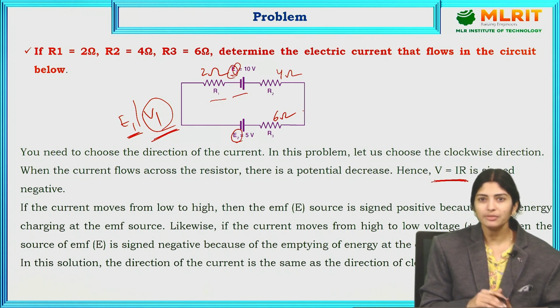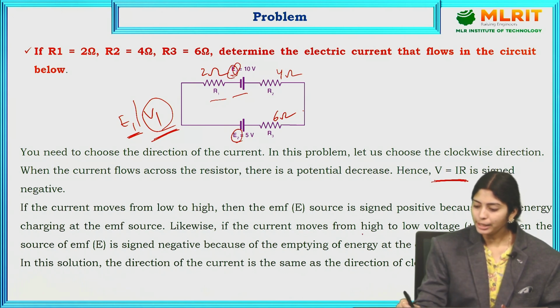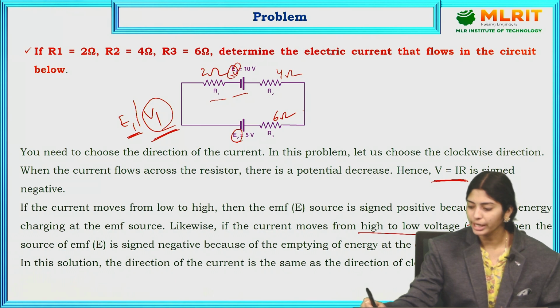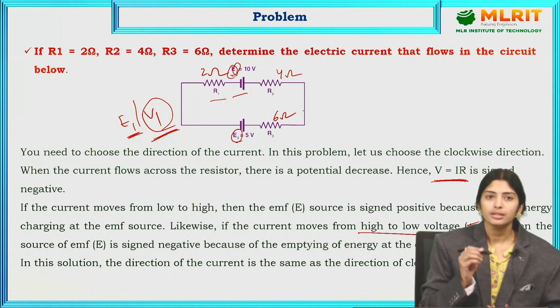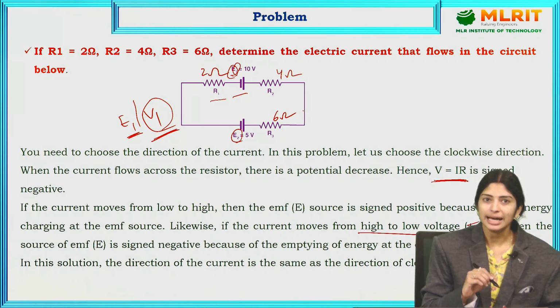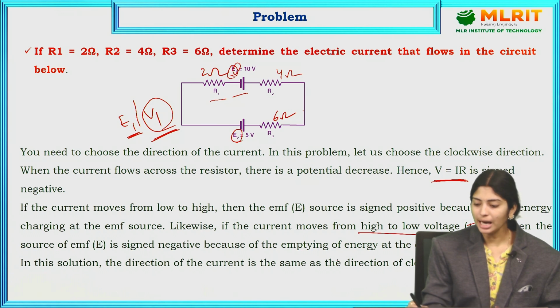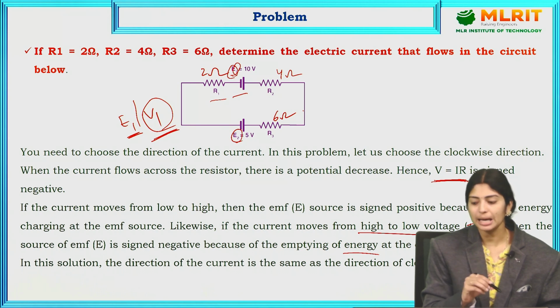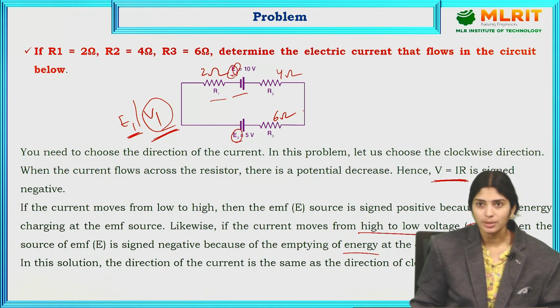Likewise, if the current moves from high voltage to low voltage, means positive to negative, then the source EMF is signed as negative because of emptying the energy of the EMF source. In this problem, the direction of current is the same as the clockwise direction. Now let us solve this problem.